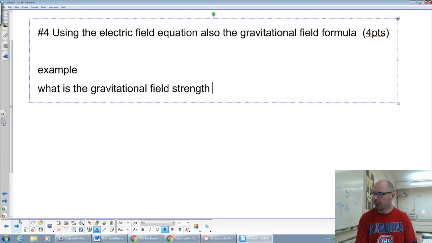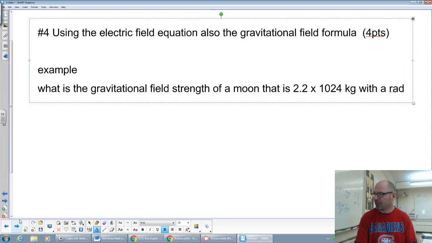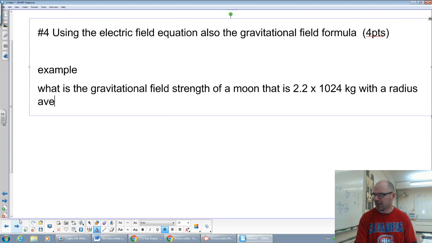Of a moon that is, let's say, I don't know, 2.2 times 10 to the 24 kilograms, with an average radius, we'll say, of 2,450 kilometers.